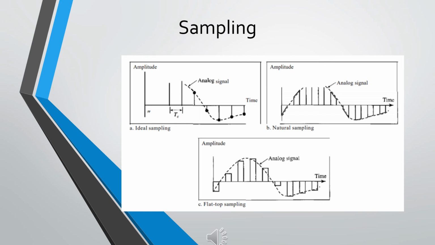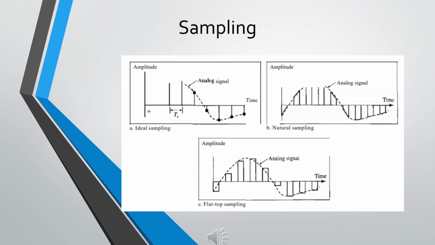In ideal sampling, pulses from the analog signal are sampled, but the ideal sampling method cannot be easily implemented. In natural sampling, a high-speed switch is turned on for only a small period when the sampling occurs.